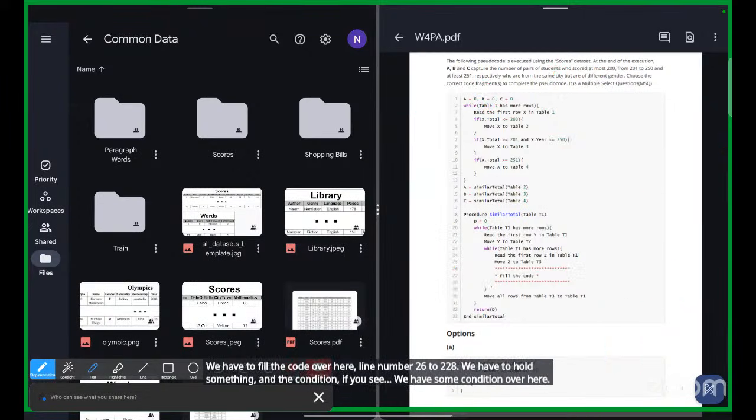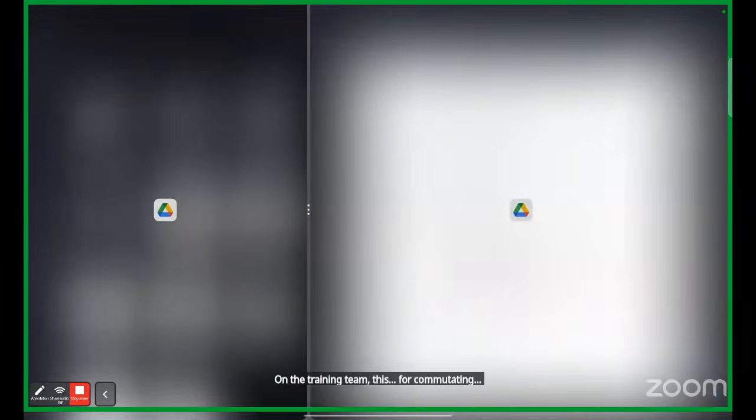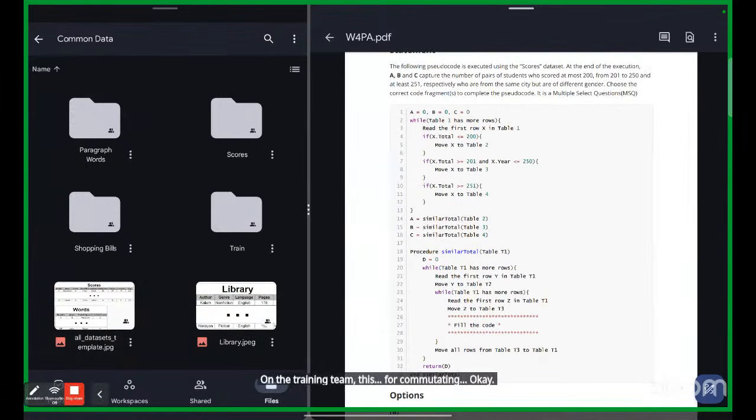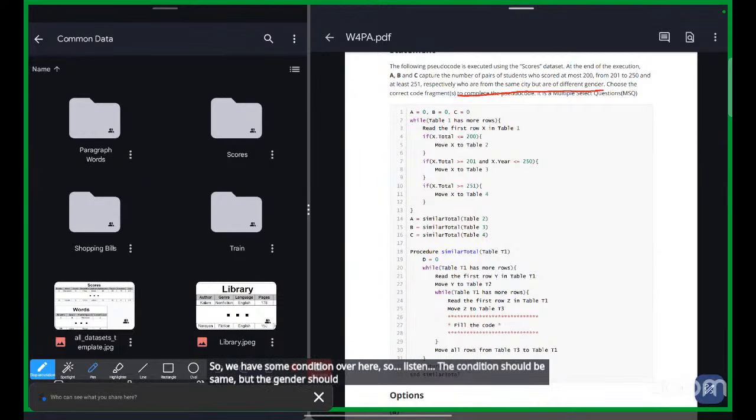Let me clean this. Stop annotating. Okay. So we have some condition over here. So let me see. The condition should be same, but the gender should be different.